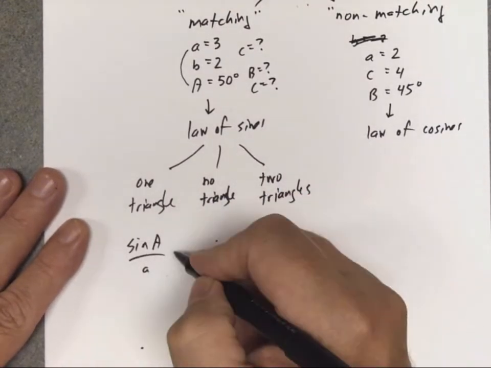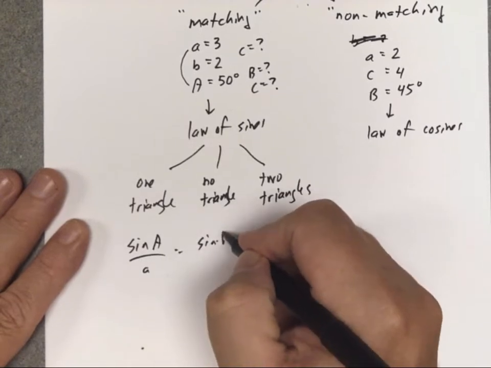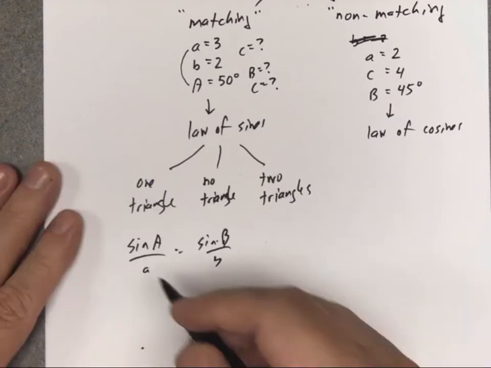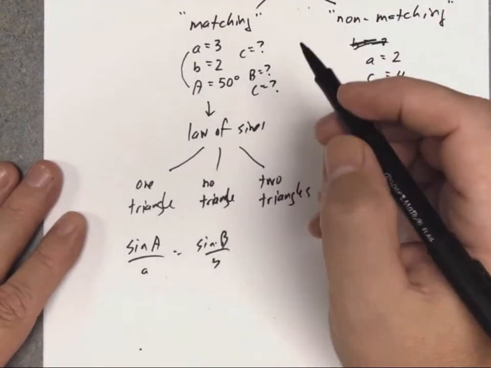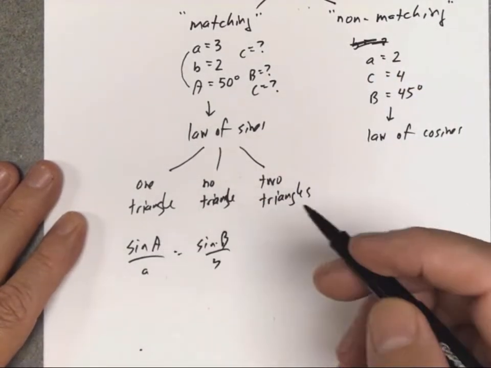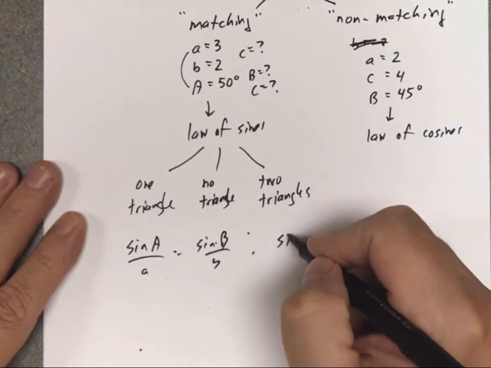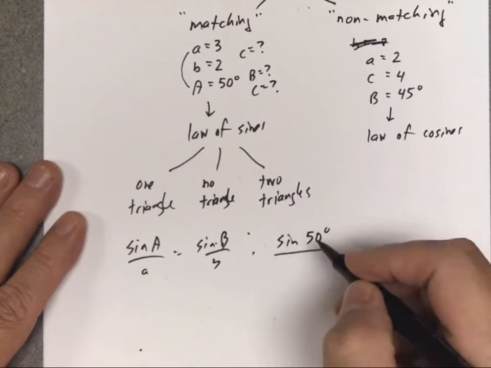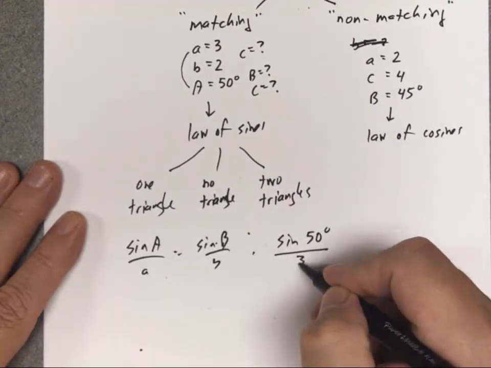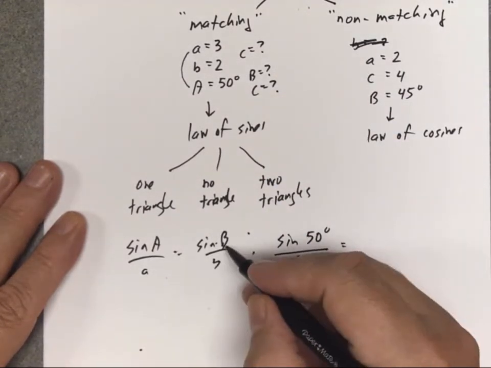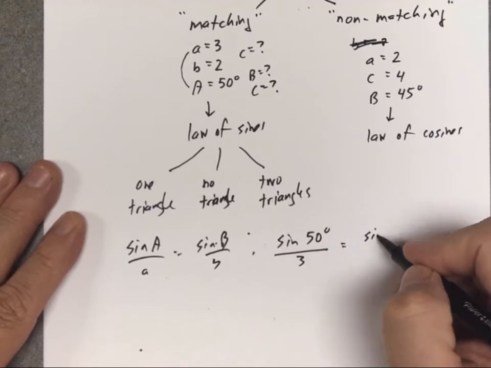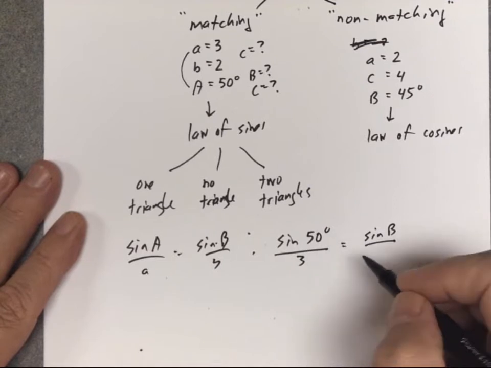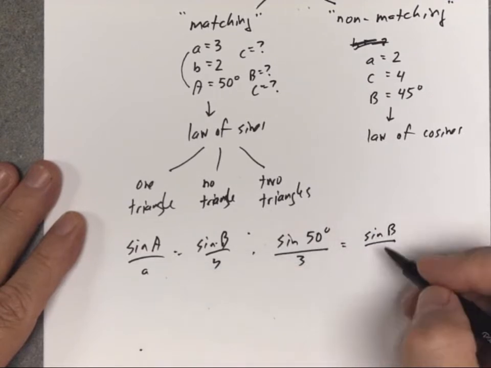Sine angle A over A equals sine angle B over B. Let's plug in what we know. I know A is 50. Sine of 50 degrees over side A, which is 3, equals sine B, which I don't know, over B, which is 2.